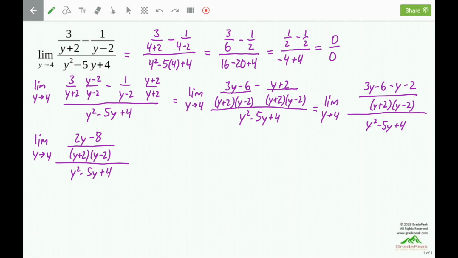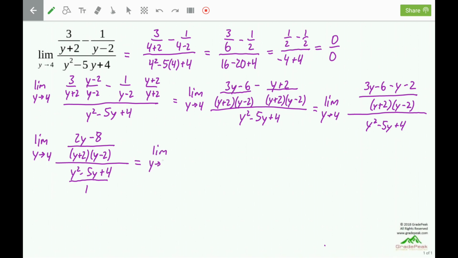Alright, so what we want to do at this point, we still have 0 over 0. That hasn't changed until we cancel something out, and we haven't done any canceling. Usually that involves some kind of factor and then cancel. But before you can do any of that, we have to actually reciprocate the denominator. So I'm going to be putting it over 1 so we can reciprocate and multiply.